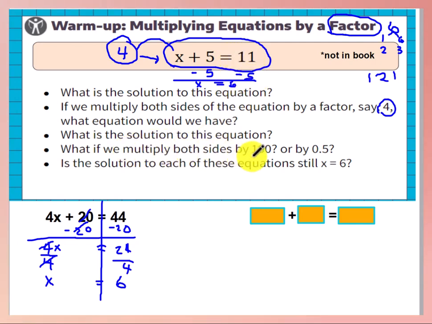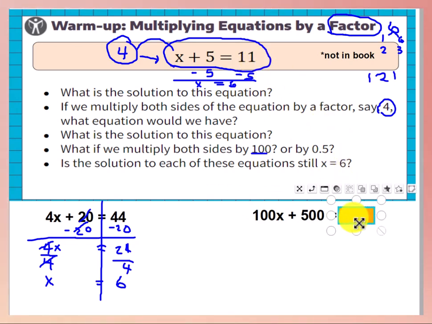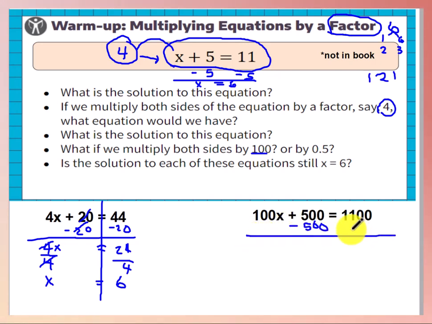What if we multiply both sides by 100? I would get 100x plus 5 times 100. Yes, 5 times 100 is 500. And then 100 times 11 is 1100. And then solving that equation, subtract 500 from both sides.